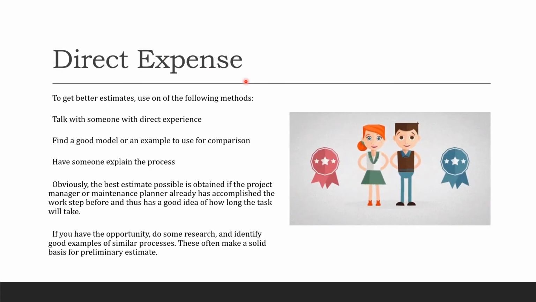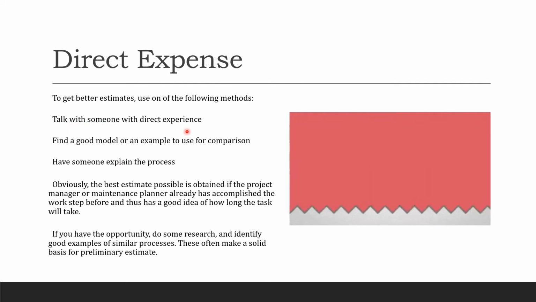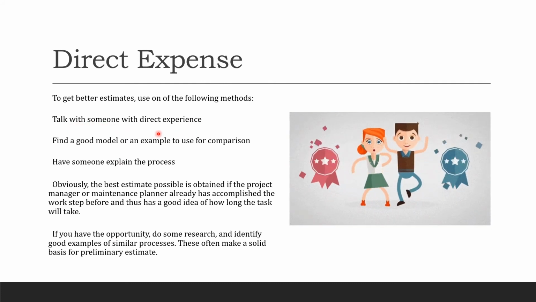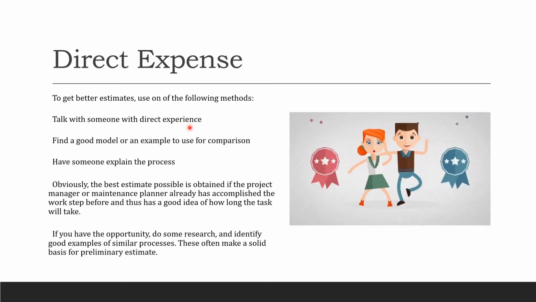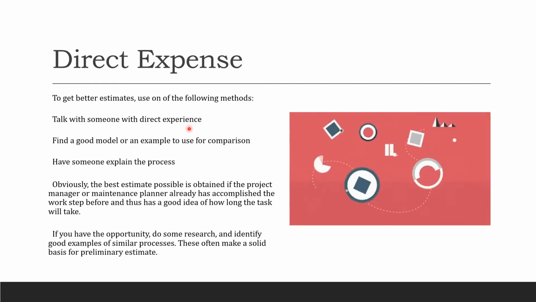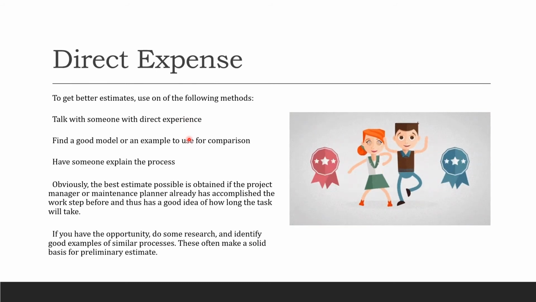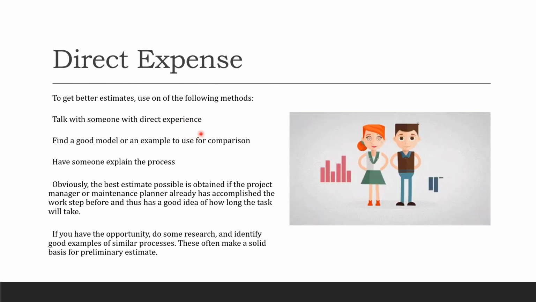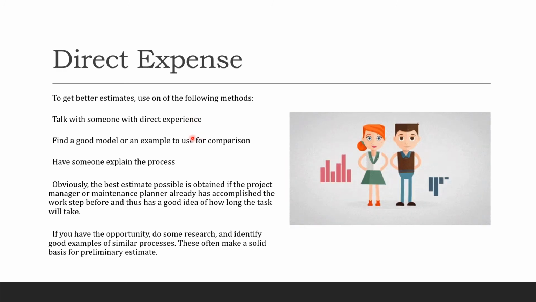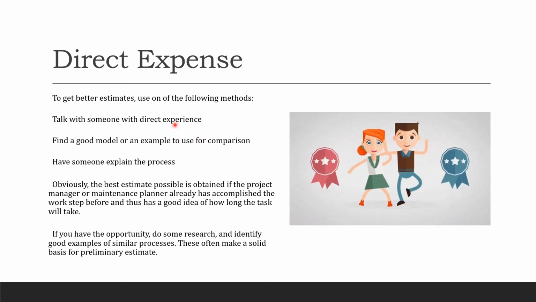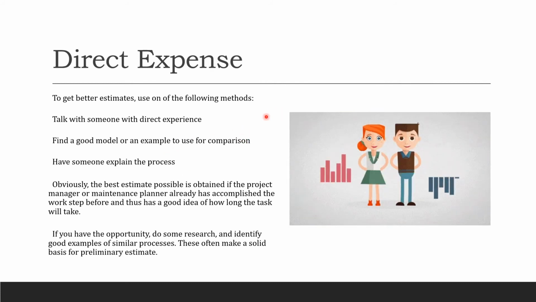Now we get into direct experience. To get better estimates, use one of the following methods. First, talk with someone with direct experience. People with experience bring in a lot of knowledge, not just textbook knowledge. Textbook knowledge is a synthesis of all the best practices and everything that works, and you learn that and then apply it.